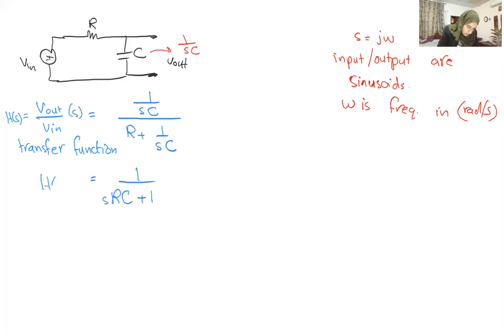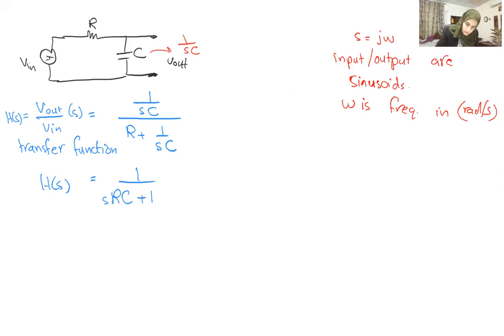So this is our transfer function here. And we now want to find how the magnitude of this transfer function changes with respect to the frequency, and that is going to be called our frequency response.